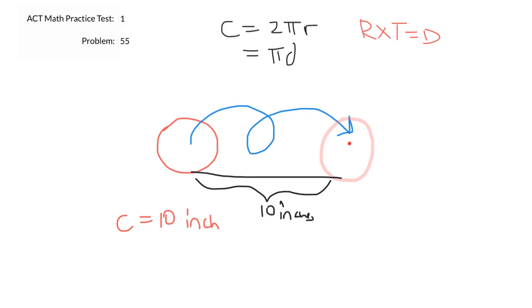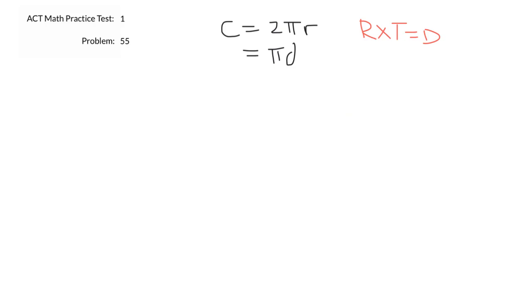Now that's just one full revolution. Now if there's 200 of these revolutions, well, this wheel is going to travel 200 times 10, and therefore it would travel 2,000 inches. Okay, so that's important to understand. And it turns out that in this problem, you're also going to have to be fairly skilled when it comes to unit conversion, which we're going to get to soon.